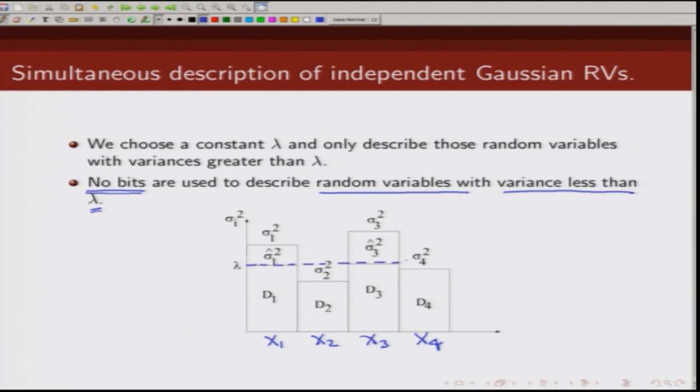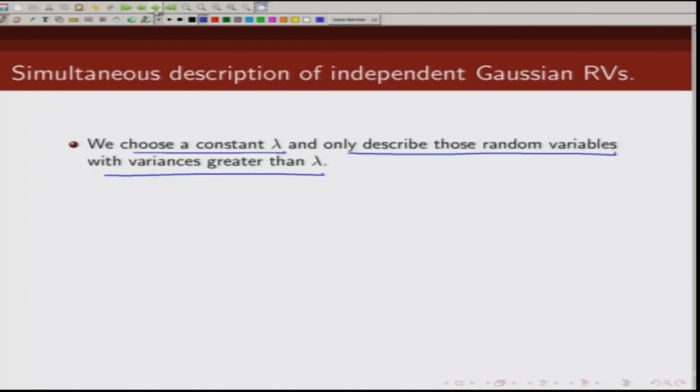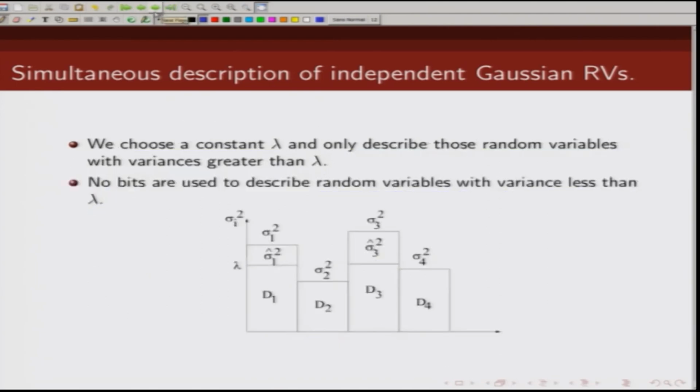As I said, if lambda is less than sigma i square, di is lambda. In this case, lambda is less than sigma 1 square, so d1 is lambda. Similarly, d3 is lambda.